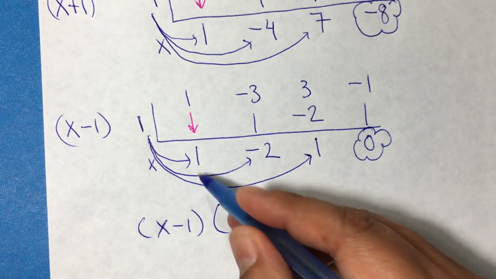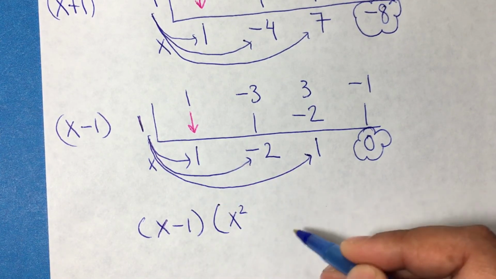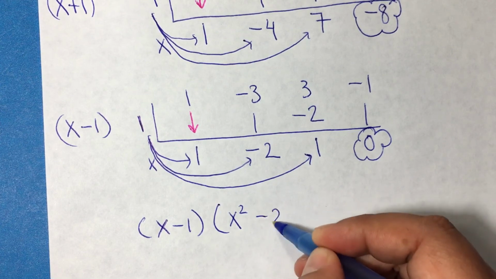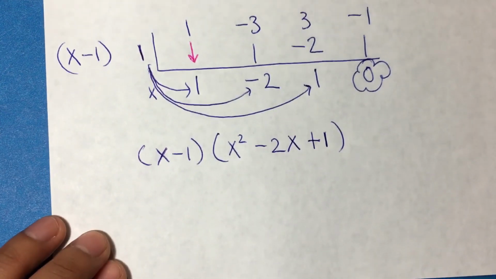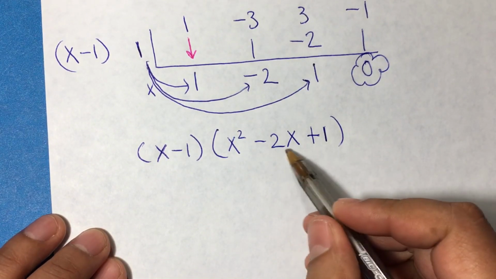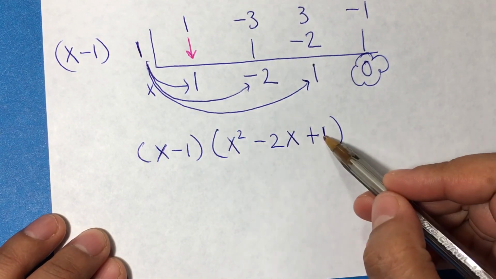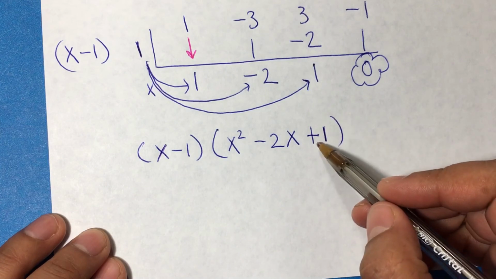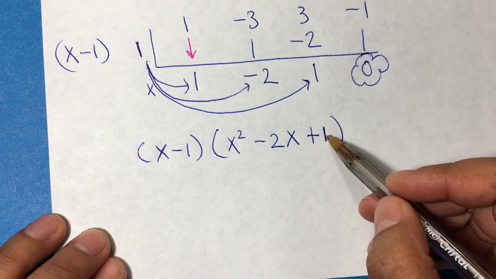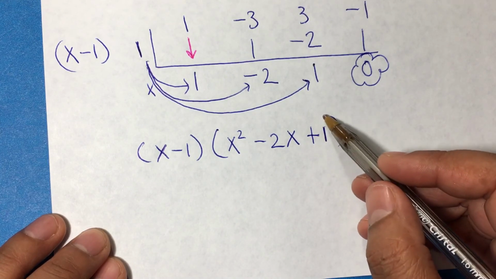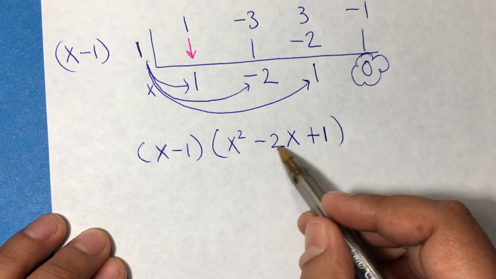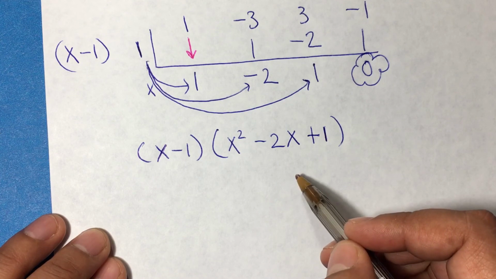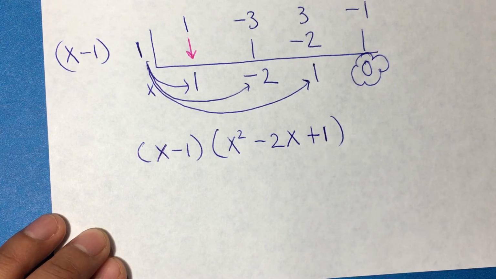So we have 1 x to the second power minus 2x plus 1. And in here we can see that this is a perfect square. If we take the square root of 1, that will be either positive 1 times positive 1 or negative 1 times negative 1. And half of negative 2 is negative 1. So yeah, it's a perfect square.